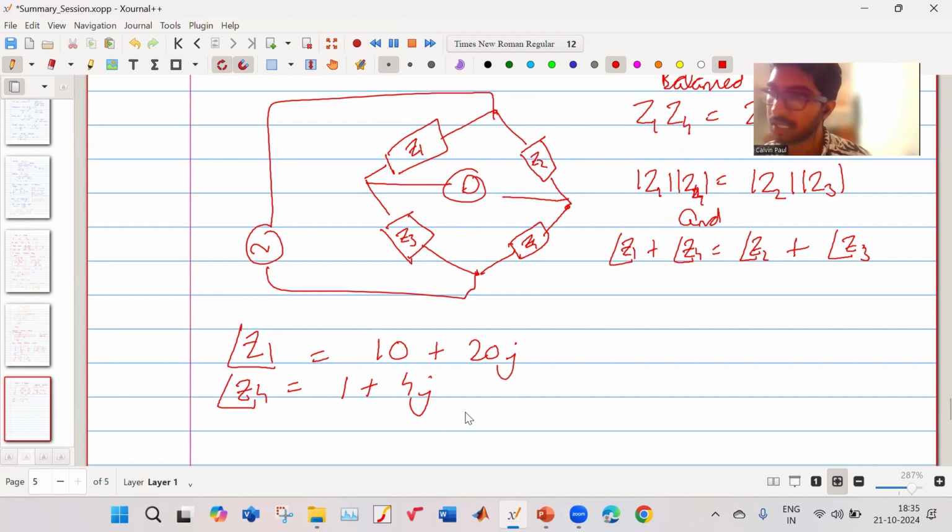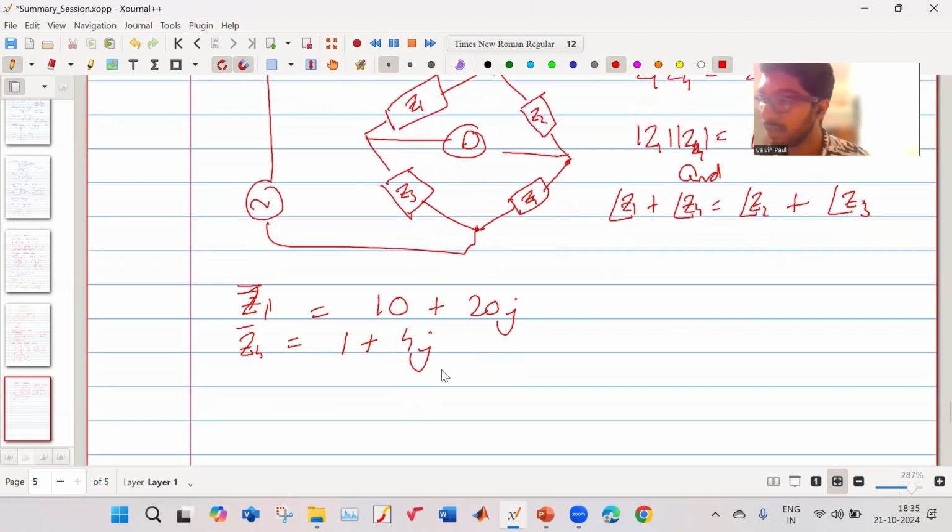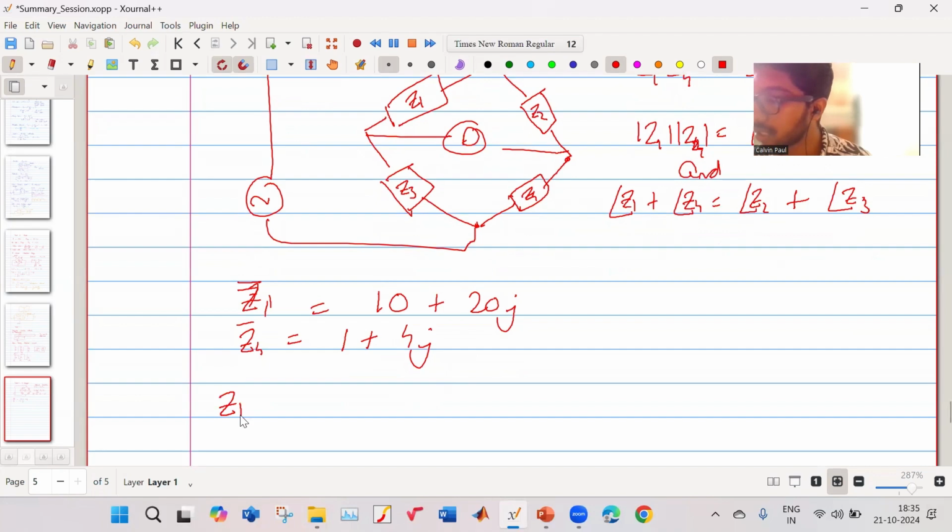You cannot directly do the angles. I'm sorry, this is not angle, it is Z1 bar, Z4 bar, because it's a phasor. You cannot directly multiply it because the GATE calculator doesn't have the imaginary operator j. So what we have to do is Z1 bar times Z4 bar.